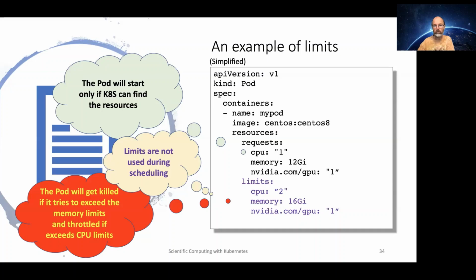Finally, there is also a concept of limits, which typically you set higher than the request. The idea being that you should request what you expect you will need, but give yourself a little bit of wiggle room. If you miscalculated what you need, you give yourself a little bit of breathing space so your job is not killed if it goes slightly above what you requested.